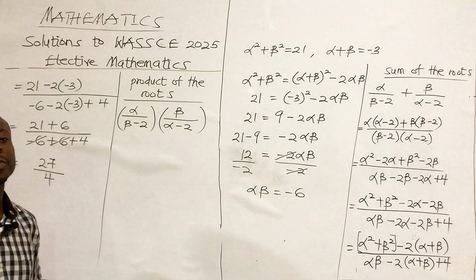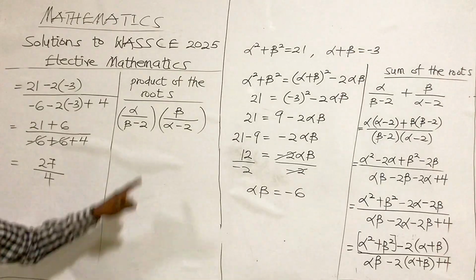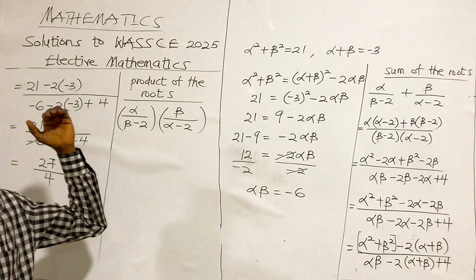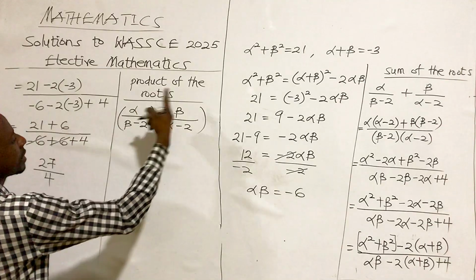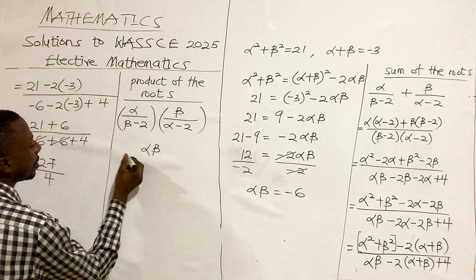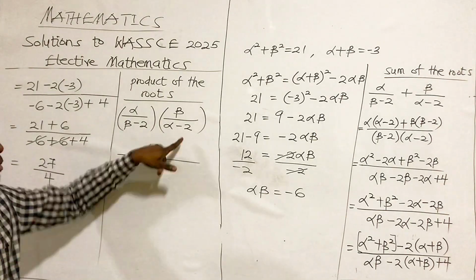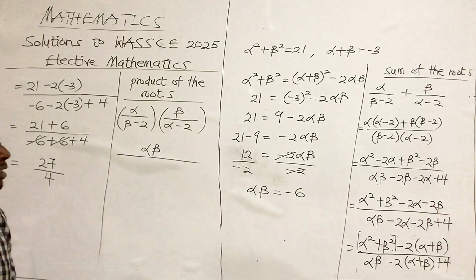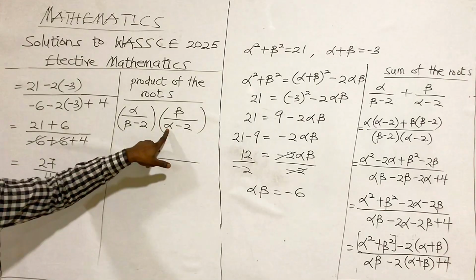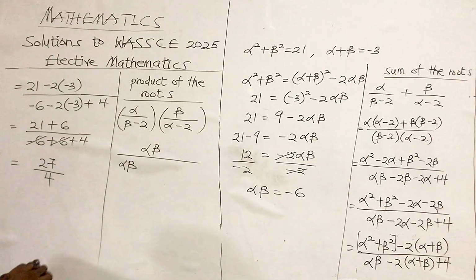Here we have two fractions, and when two fractions are multiplying, we multiply the numerators. So alpha times beta, we have alpha beta all over. Then we also multiply the denominators. So beta times alpha, we have alpha beta.